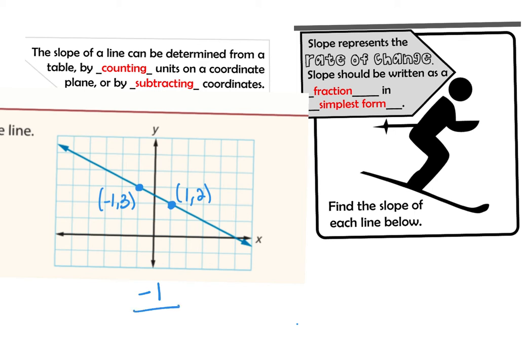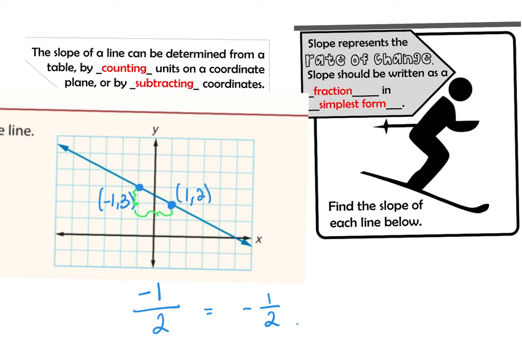Now that I have walked down 1, what do I need to do to get over here? How many units am I moving? 2. Am I moving in the positive direction or the negative direction? Positive. So that movement is +2. I have a -1 over a +2. My slope is -1/2. You'll notice that I put the negative in front, okay?